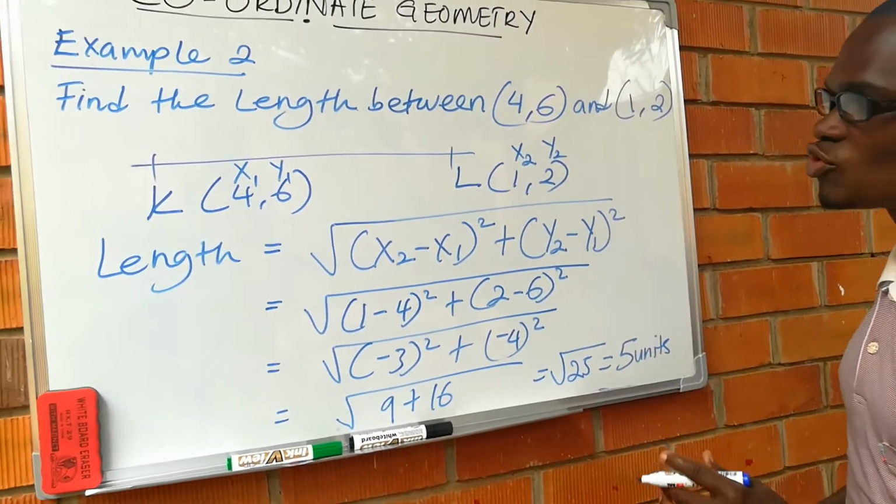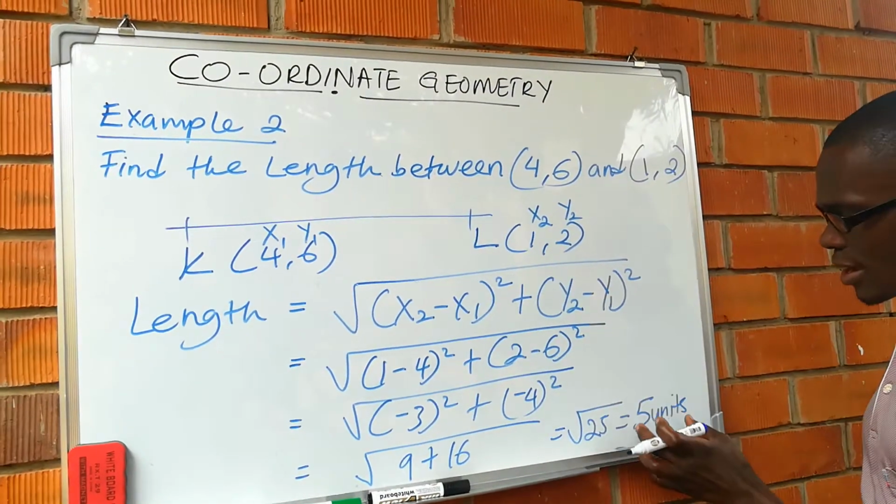So that means that between K and L, there are 5 units.